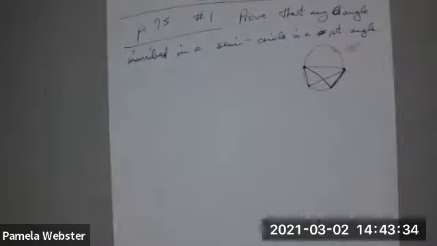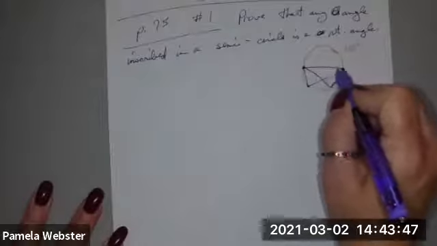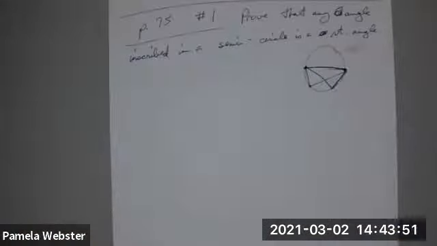So what they're saying is, hey, these kind of look like right angles to me. They're inscribed in the semicircle. Because it says semicircle, that means my endpoints need to be on the diameter here. That's why I'm putting those points there.